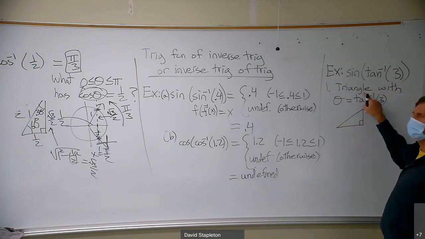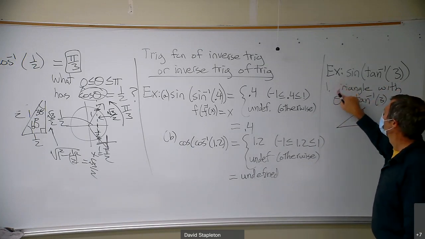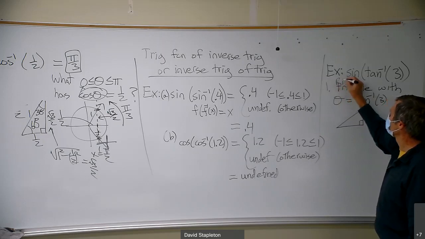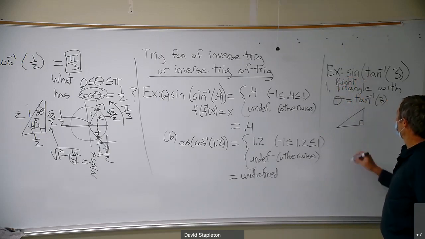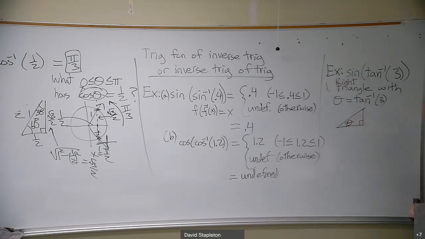So I say triangle, I mean right triangle, with theta equals the inverse trig function you see. So I'll put theta here. It doesn't matter which place you put it. You just got to label it correctly. I want theta equal arctangent of 3 in a triangle. Theta equals arctangent of 3 means that tangent theta equals 3. They're equivalent for a triangle.